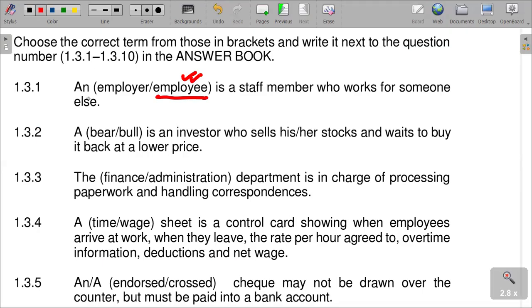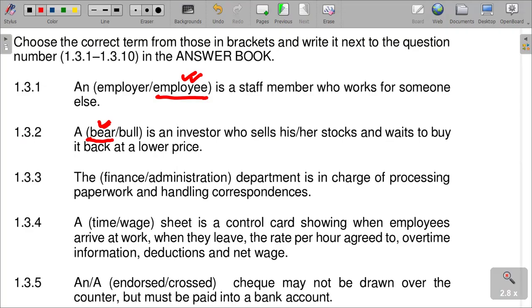A bear is an investor who sells his or her stock and waits to buy it back at a lower price. In investment, the bear sells his or her stock in anticipation of buying it back at a lower price.